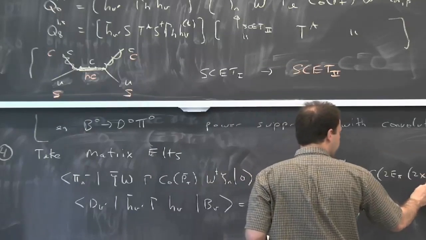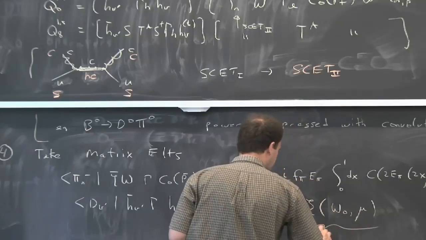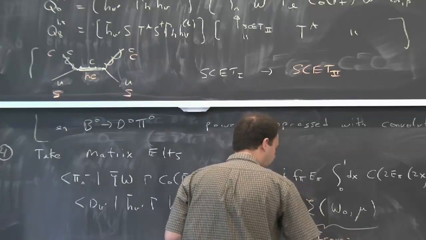These things are all mu dependent in general. And this thing here is the Isgur-Wise function, which is the HQET form factor.